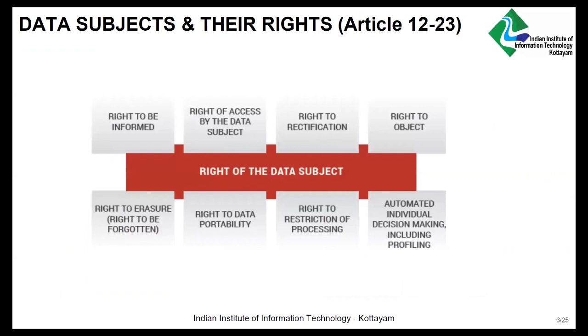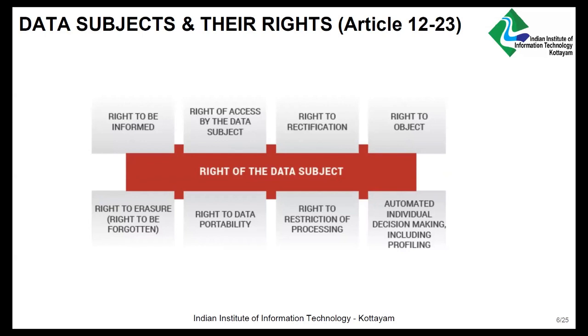Okay, so in GDPR, they say that individuals have a set of rights. The first one is the right to be informed, which means that if any organization is collecting data, the individual has the right to be informed on what data is being collected. He also has the right to access that data. Also, the individual has the right to rectify the data.